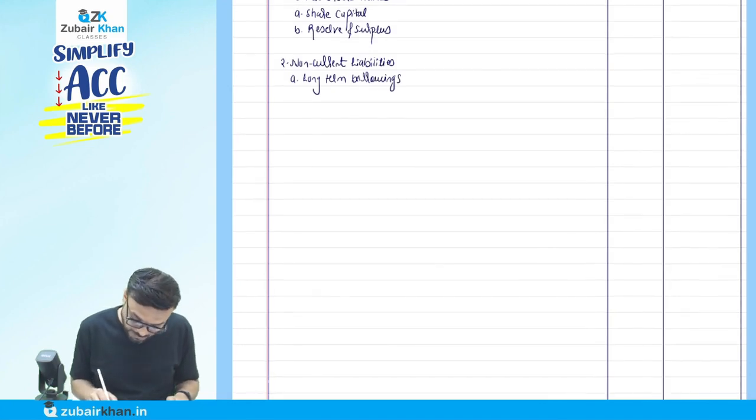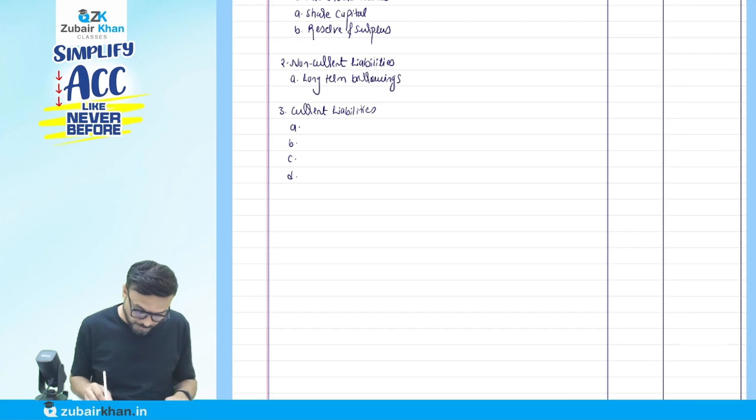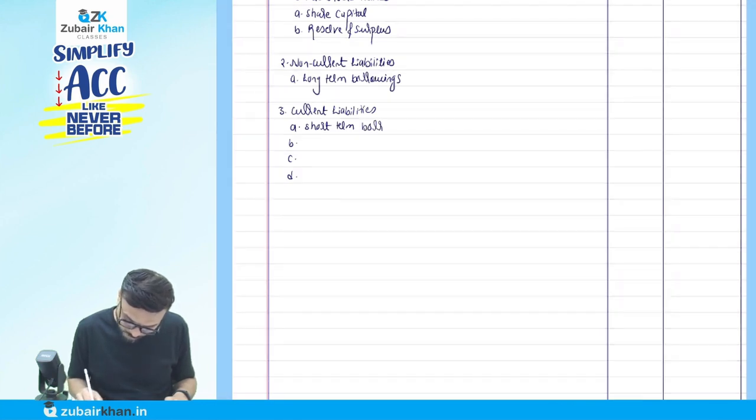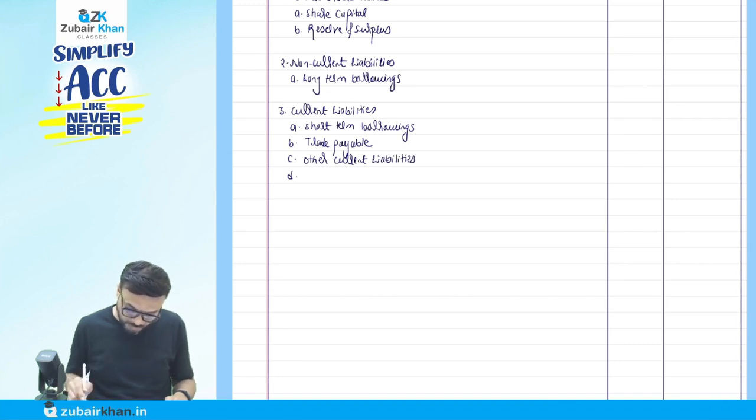Long-term borrowings. Then here, third point, current liability: A, B, C and D. Write down there short-term borrowings, trade payable, other current liabilities, then short-term provisions.